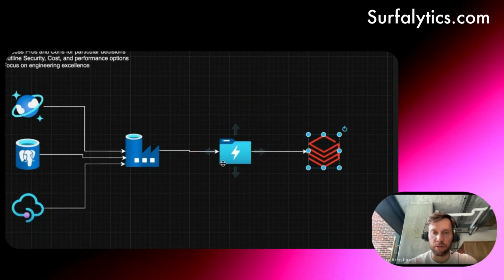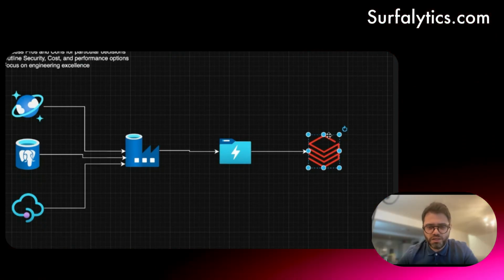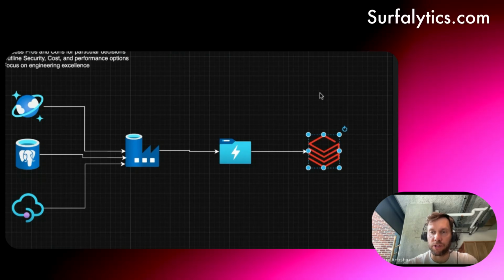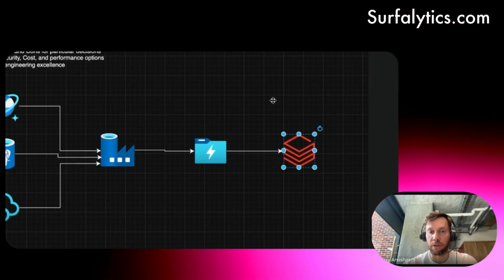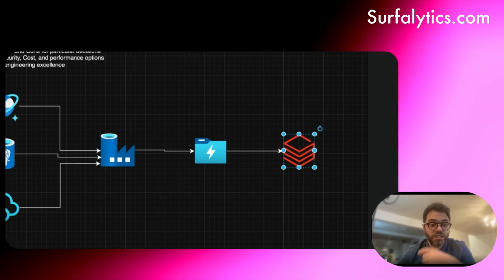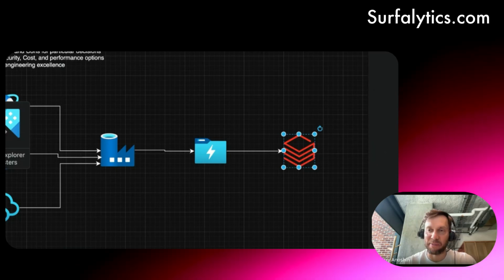By Delta Live Tables, you mean replacing the Data Factory framework? Oh no, just in Databricks. So basically, after you ingest. Since you're talking about Databricks, maybe you can talk about the medallion architecture, how you will layer inside Databricks.